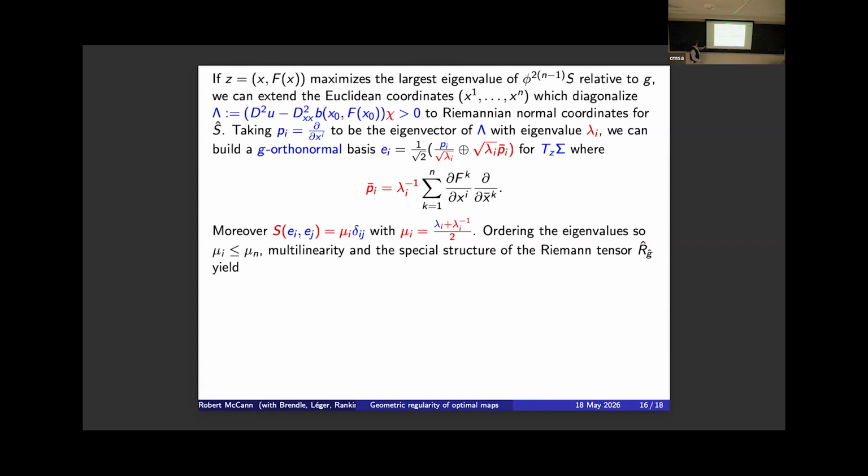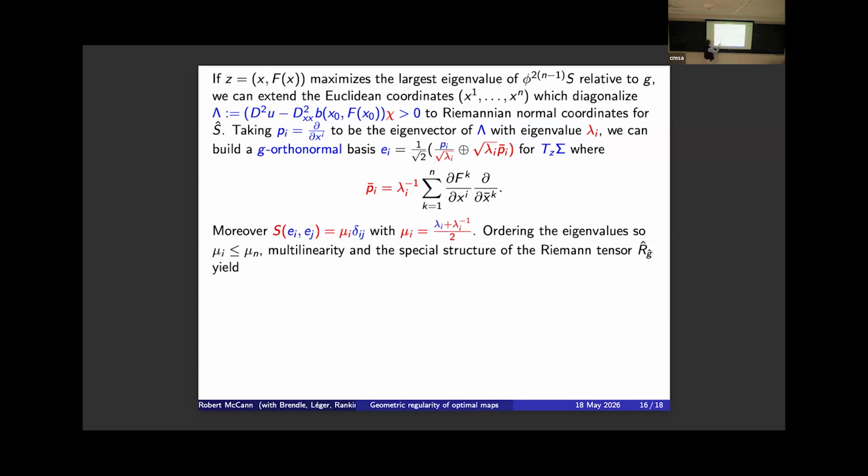And let me choose coordinates on the first domain, the source domain, Riemannian normal coordinates essentially, so that they diagonalize S. And so then when I have this expression here, I can choose Riemannian normal coordinates, which moreover also diagonalize this thing, and let the eigenvalues of this thing be called lambda I, and then order them so lambda n is the largest one.